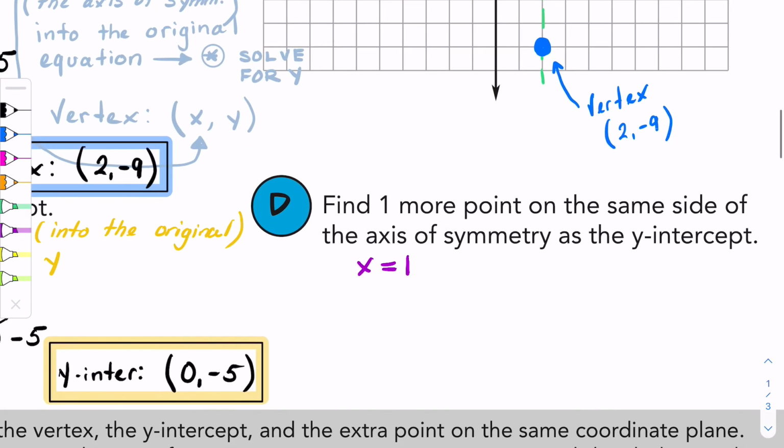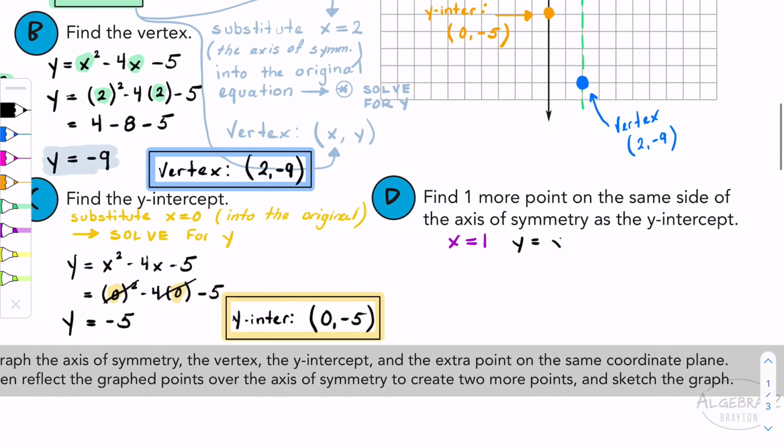We're going to test when x equals 1. Our original equation is y equals x squared minus 4x minus 5. I'm going to replace all x values with the new point of x equals 1. 1 squared minus 4 times 1 minus 5.